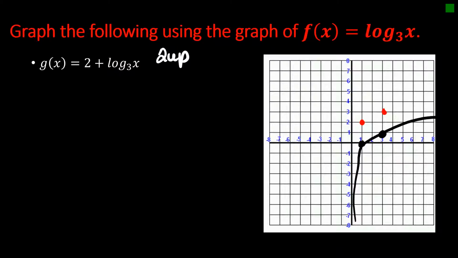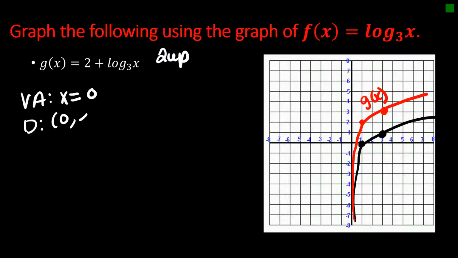This point goes up 2. If you notice, the vertical asymptote does not change. So our vertical asymptote stays x equals 0. Our domain, just shifting it up or down, does not change. And our range is still negative infinity to positive infinity.